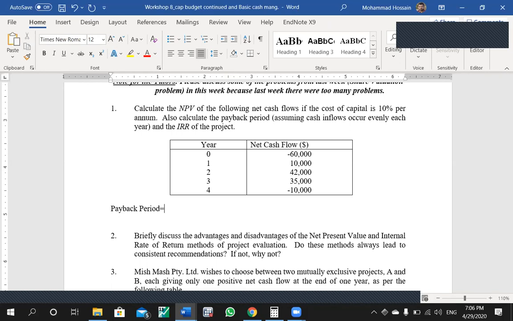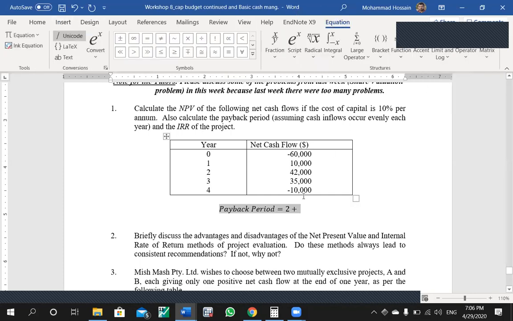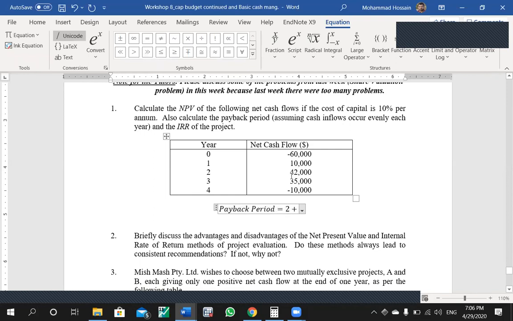Payback period is equal to 2 years, 42 plus 42 plus 10, so 2 years plus how much? We have 35.